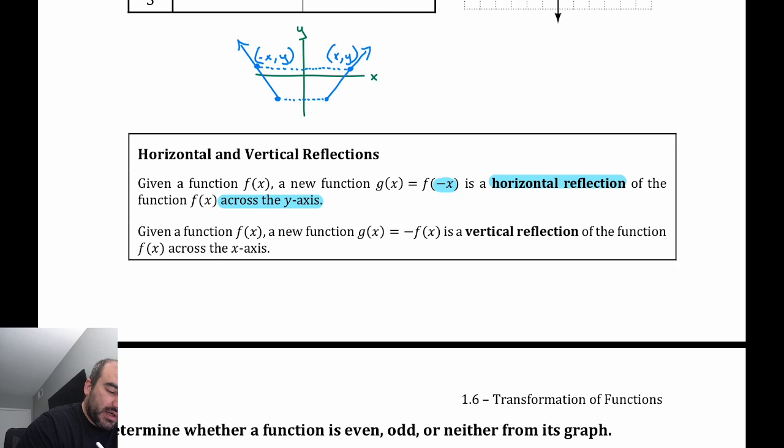Instead, if we were to start with the function f of x and multiply the y values, or the f of x values, by -1, then we have a vertical reflection on our hands, and that's going to reflect our function over the x-axis.